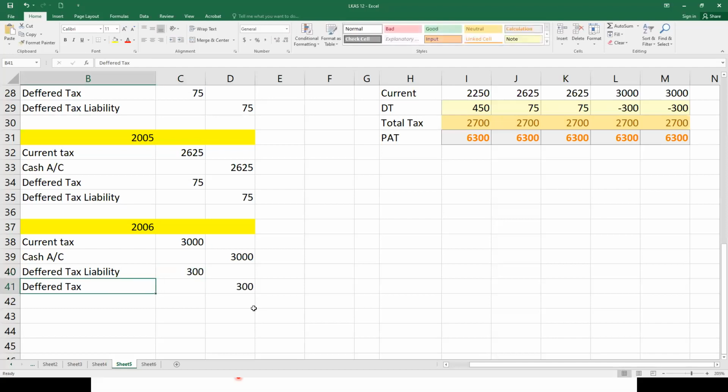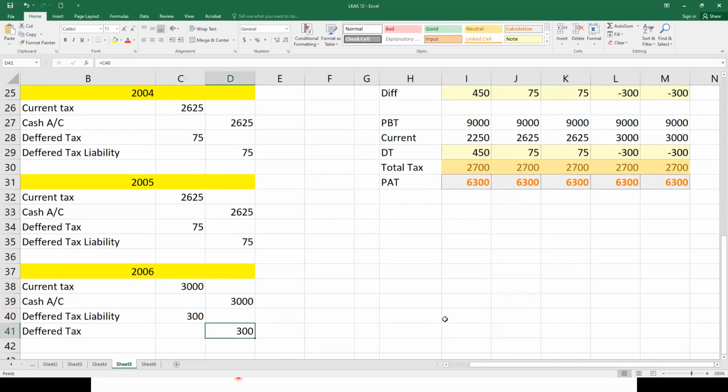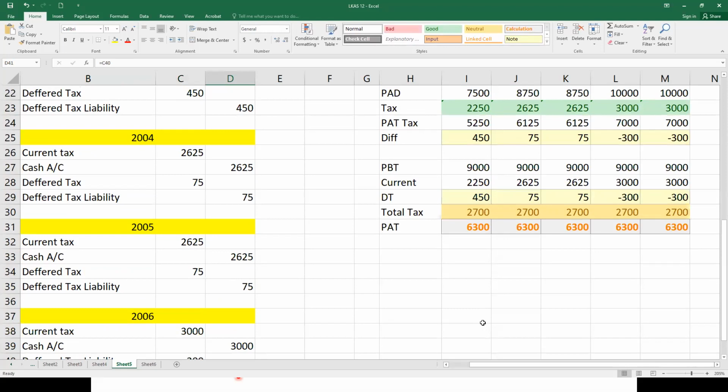And deferred tax account 300 here. Then current tax in the PL account is 3,000 and deferred tax account credit 300. Then 3,000 minus 300, how much? 2,700. The balance.